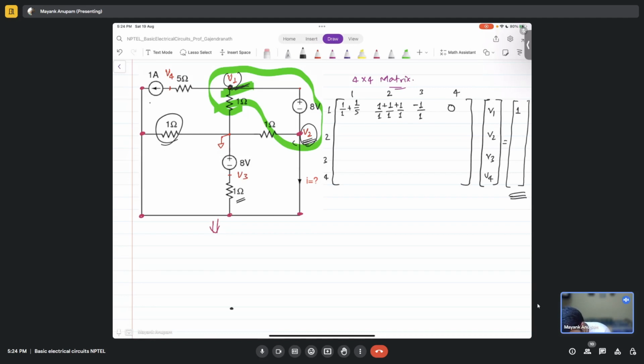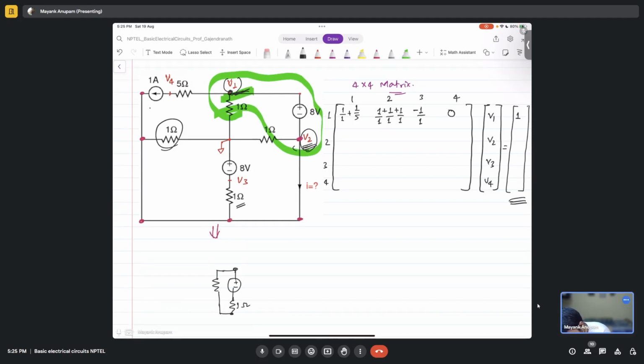From node V2 we have 1 ampere, 1 ohm here. We have nothing else. Okay, we have a 1 ohm, right?